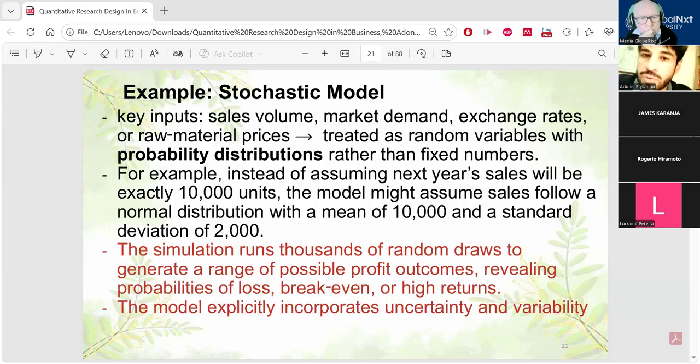And then using those models, the simulation allows you to become more specific, as I said before, and incorporate uncertainty and variability without, and this is the key aspect, without increasing the number of explanatory variables substantially.